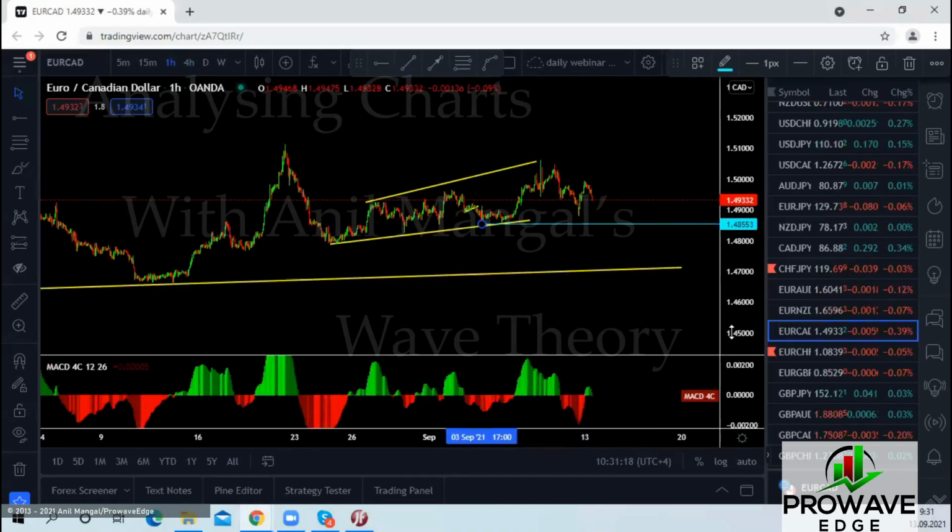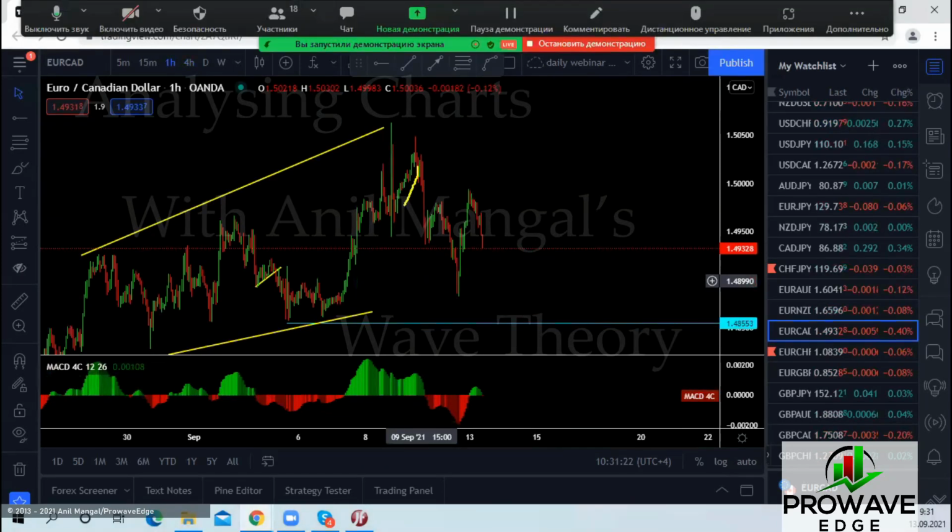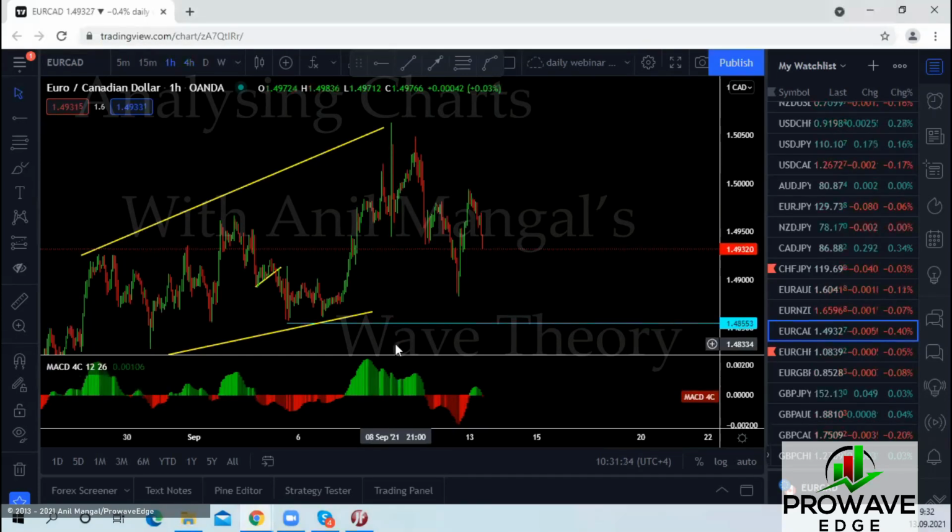Let's see if we have a better choice. Well, there were better choices. The first sell would have been this one. Second sell would have been this one. And we don't have a third sell, not as yet. It's coming down, but you don't have a sell setup as yet. So let's wait to see.